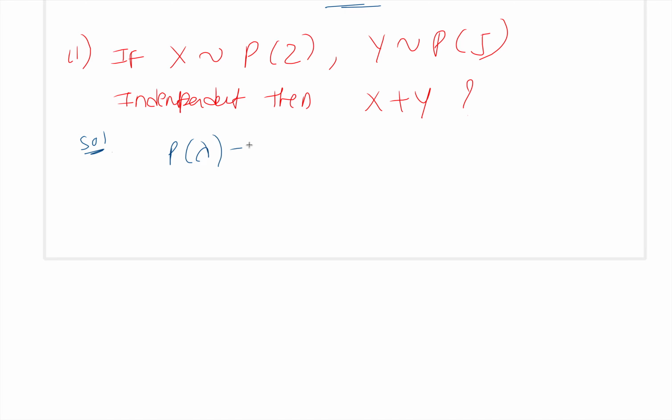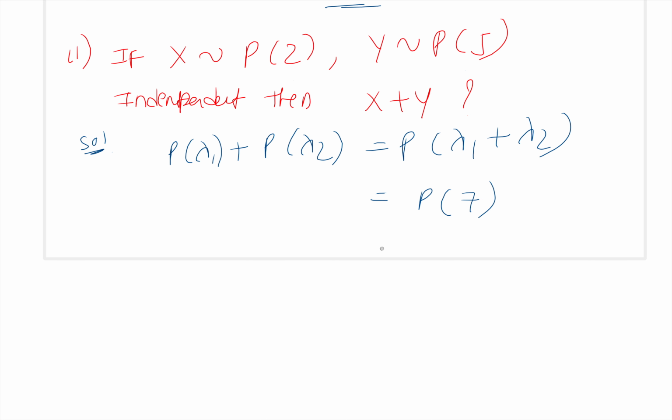Poisson of lambda 1 plus Poisson of lambda 2 is equal to Poisson of lambda 1 plus lambda 2. In the same way, 2 plus 5, that is Poisson of 2 plus 5, is equal to Poisson of 7, which is the answer.